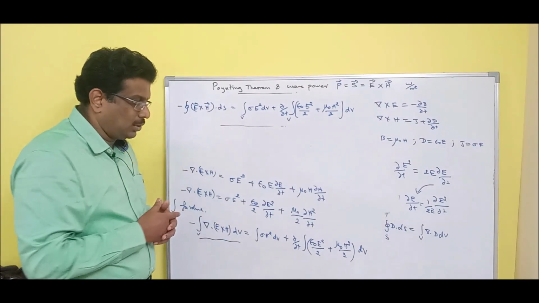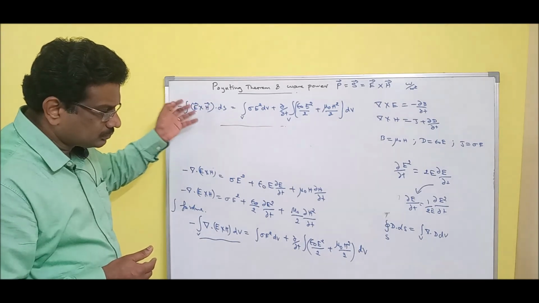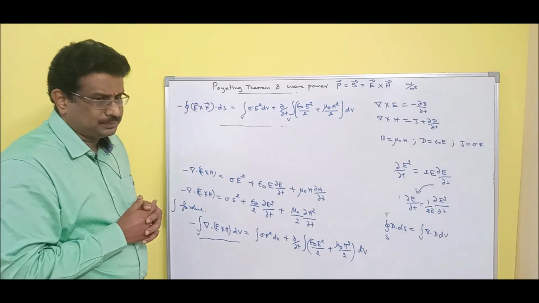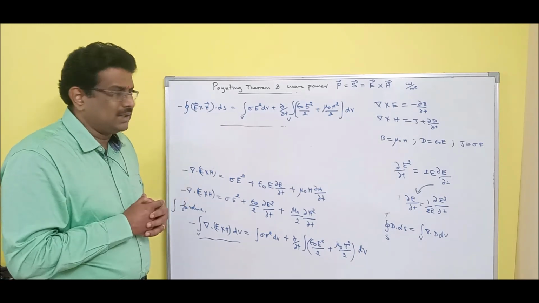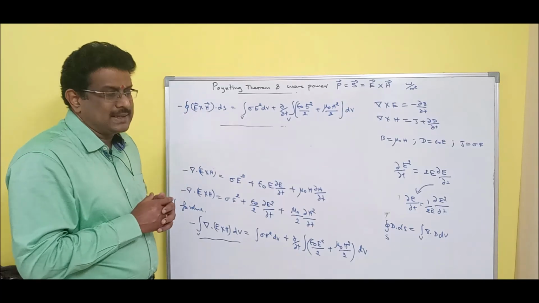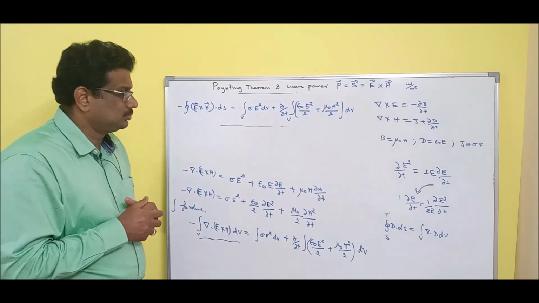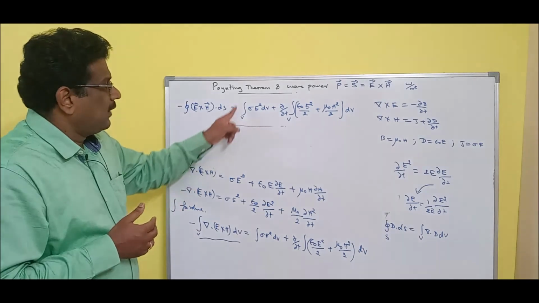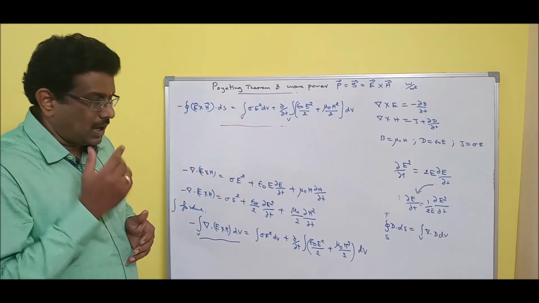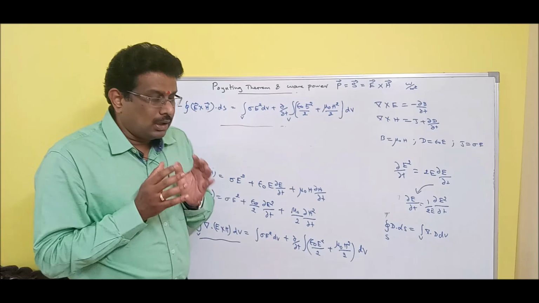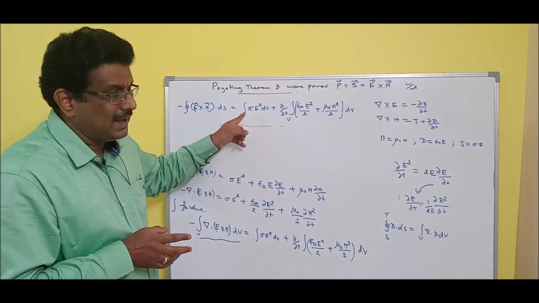Now below this, try to write down: the left hand side, LHS, indicates power entered inside the closed surface of a volume. Next, the first term of the RHS, right hand side, indicates loss of power due to the metallic conductor.